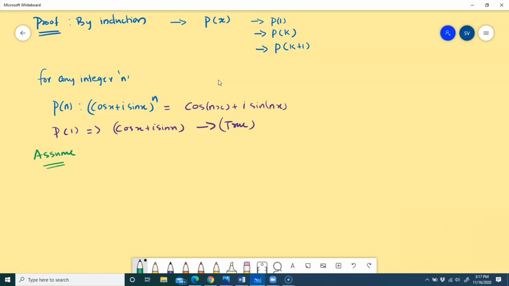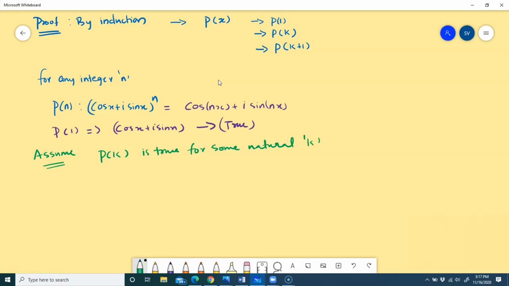What do we need to assume? We need to assume P of k is true for some natural k.